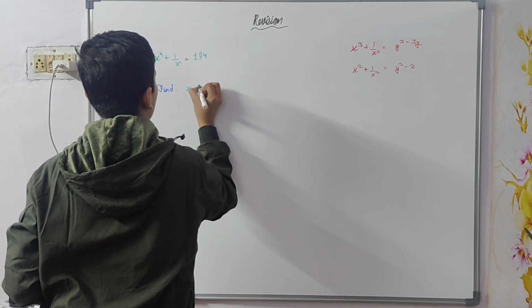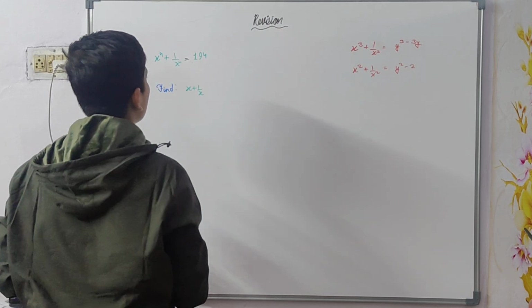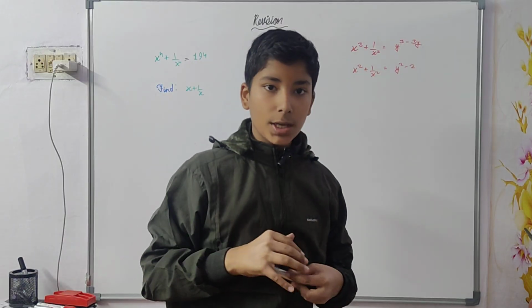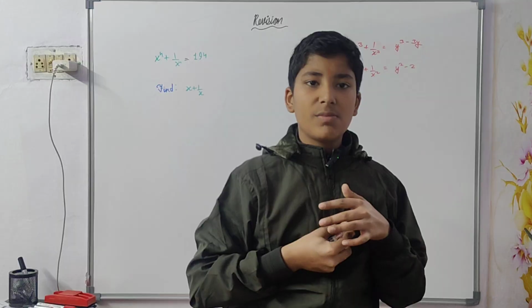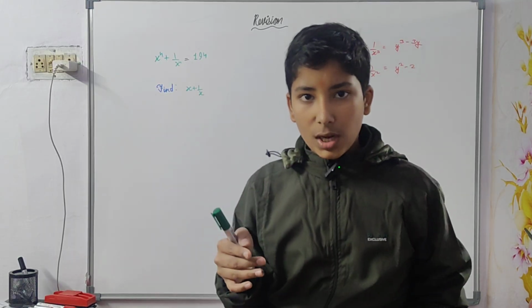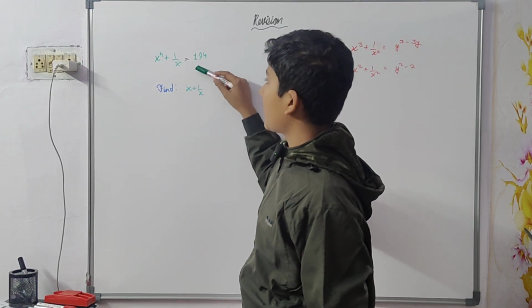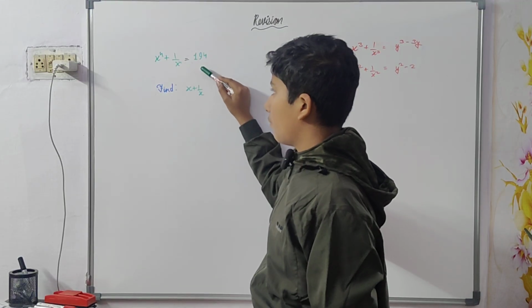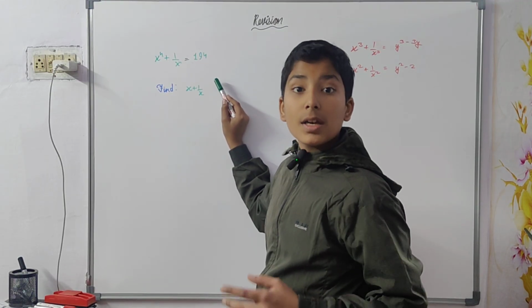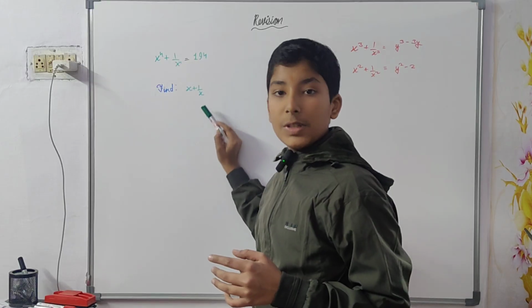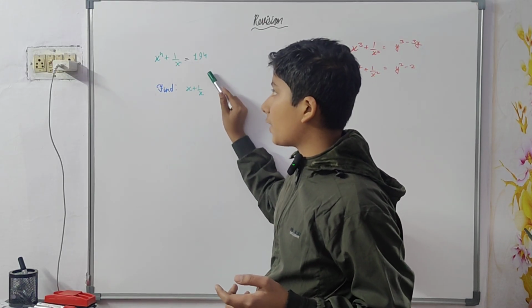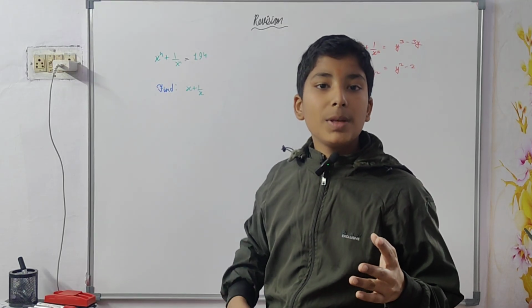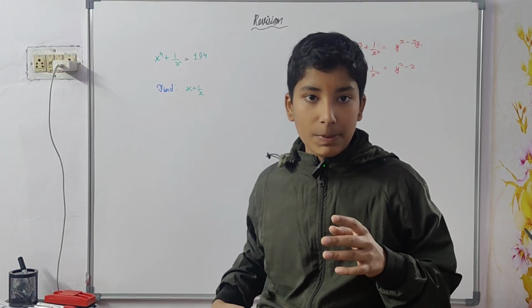Find x plus 1 by x. This is simple. There is no trick needed, or you can do it without the trick also. Just see the nearest square to this number, which is 196, the square of 14. So here will come 14, and it will be converted into x square plus 1 by x square.